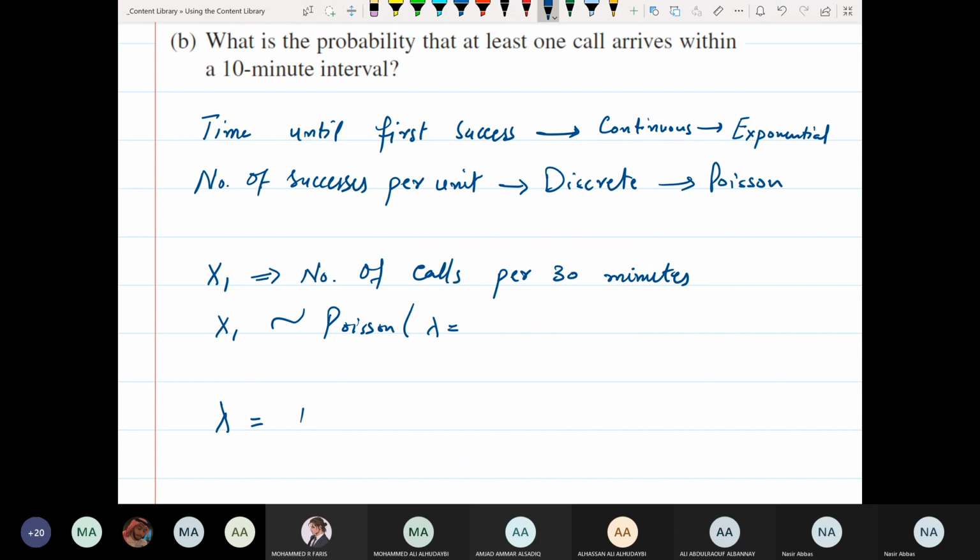Lambda equals 1 per 15 minutes. That's given in the question. But we have a question regarding per 30 minutes. So lambda will be 2 per 30 minutes.